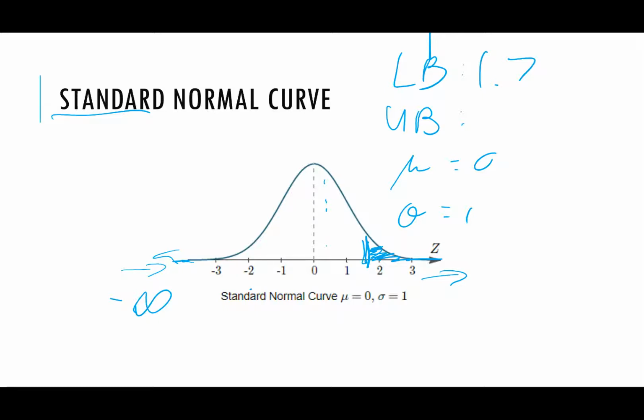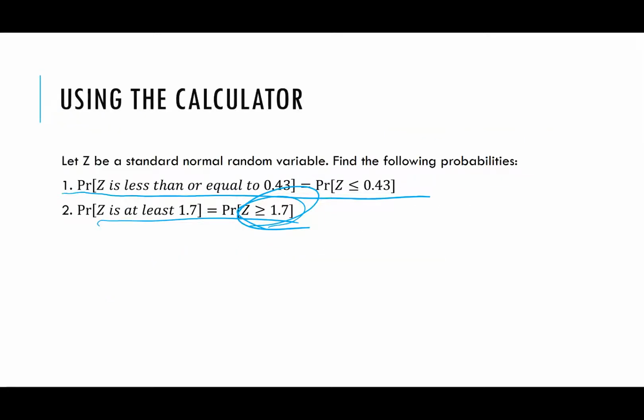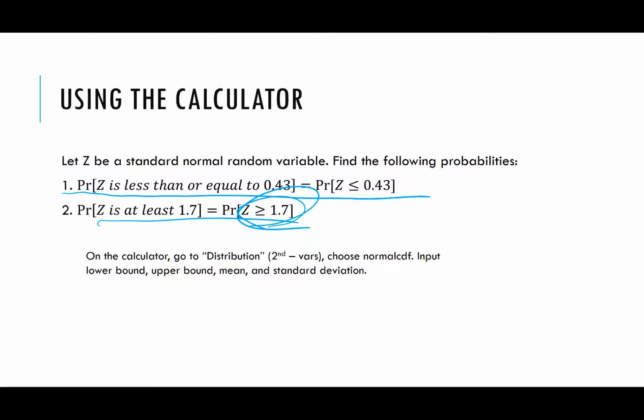To make positive infinity in the calculator, you would type in 1 E99. Again, standard normal curve, so the mean is still 0 and the standard deviation is still 1. Just remember, it's negative infinity if it doesn't give you a lower bound, and positive infinity if it doesn't give you an upper bound.